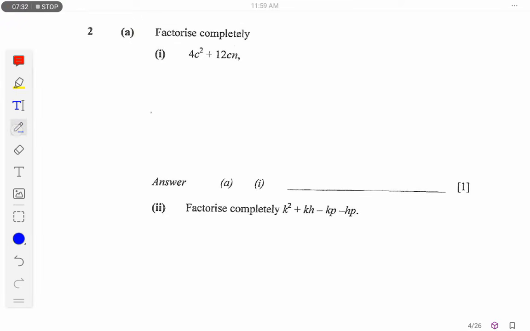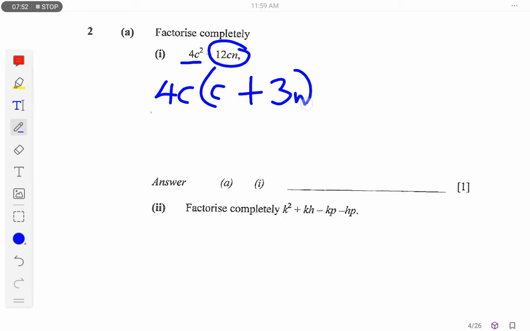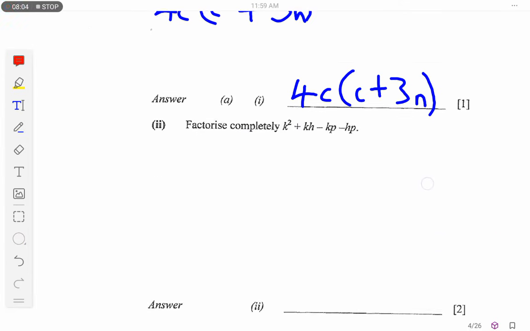If we take out a 4c, we will remain with c, plus for here we take out 4, it will be like 12 divided by 4, that's a 3, so we remain with 3n. Okay, so we have completely factorized. So our answer is 4c plus 3n. It's 1 mark, so we don't have to sweat much.